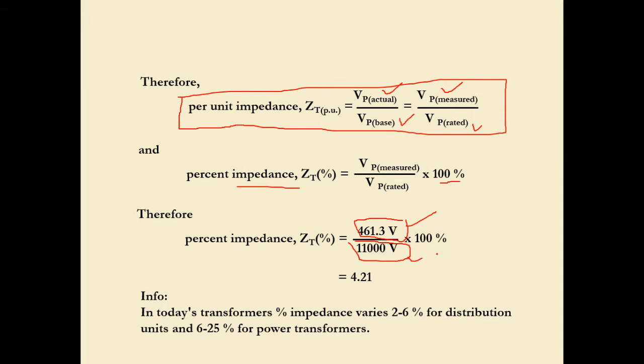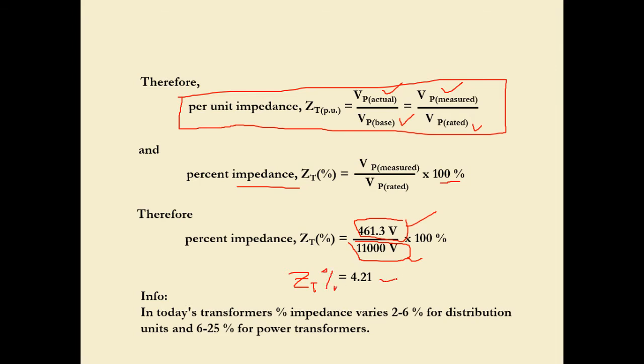So we just take the measured voltage, 461.3, over the rated voltage, the voltage rating, which is 11 kV. And now the ZT percent is equal to 4.21%.